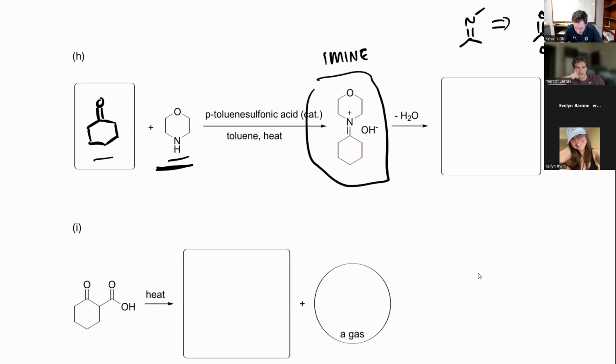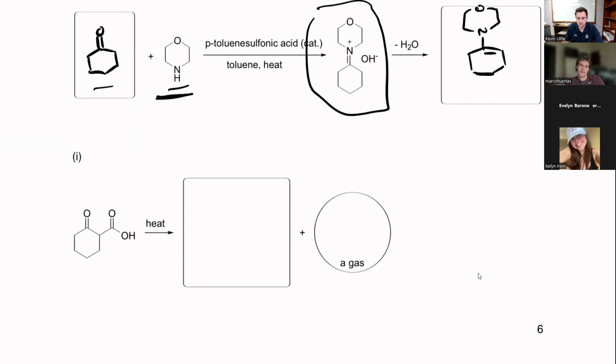All right, this is a positively charged imine. What am I going to do to it? I'm not happy with it being positively charged, and I can't remove a proton. Push the bond down and break off a hydrogen from the alpha carbon. I'm going to form the enamine. Cool. Done this before.